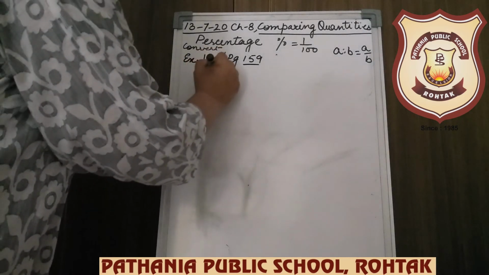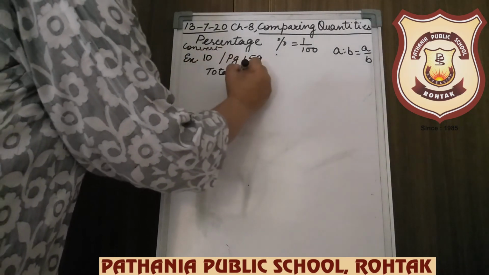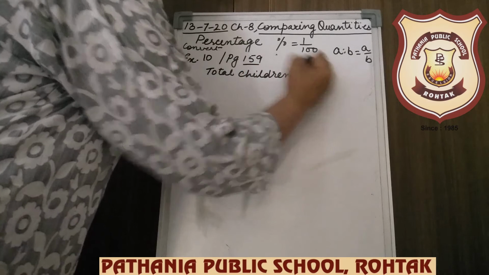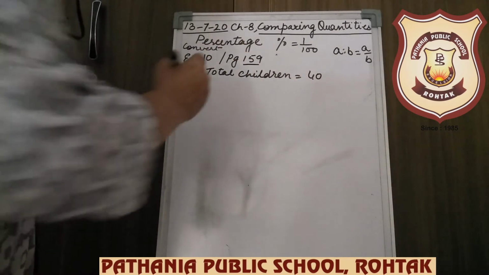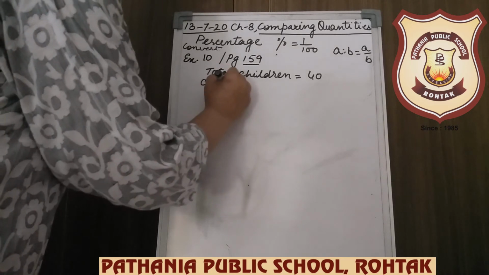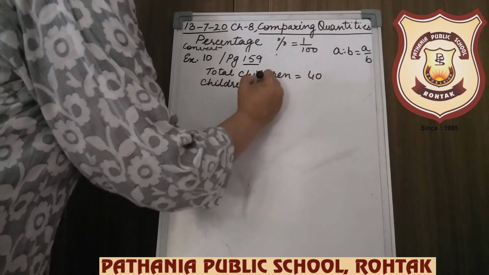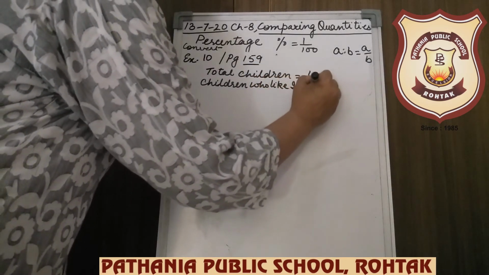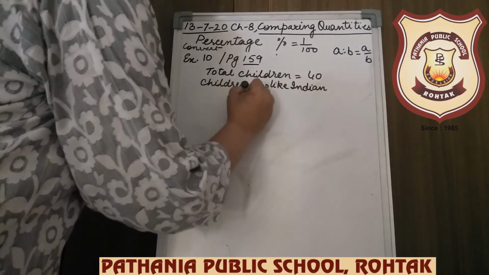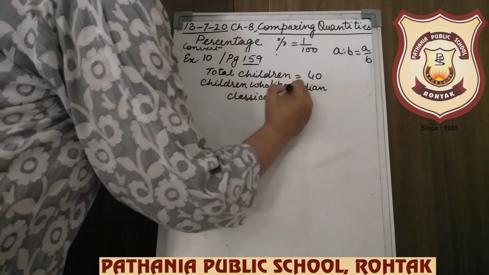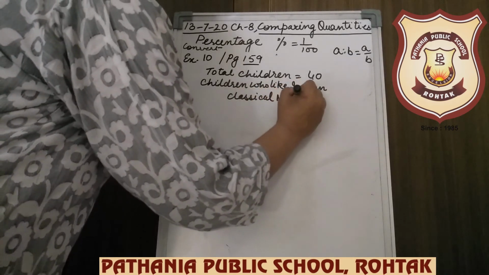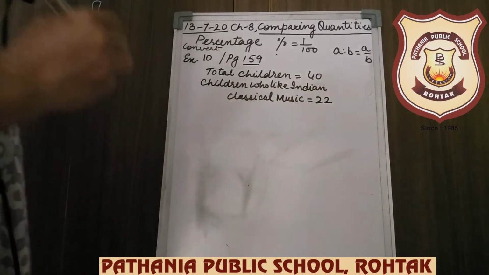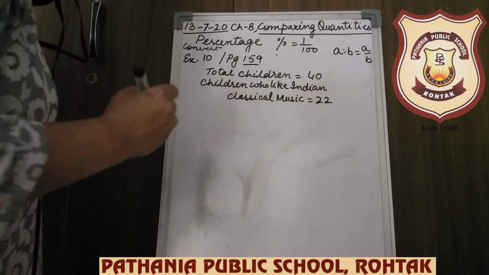Now here the total number of children are given as 40, and the children who like Indian classical music is equal to 22. But you don't know the number of Western music students.